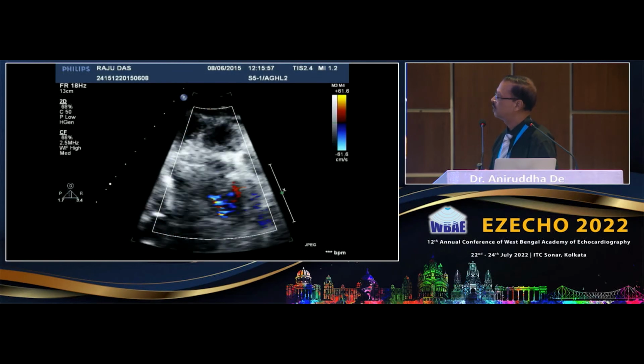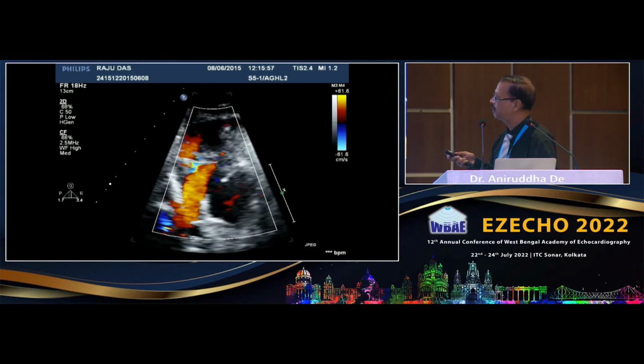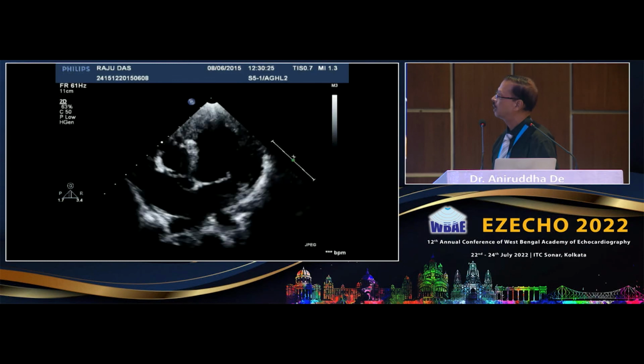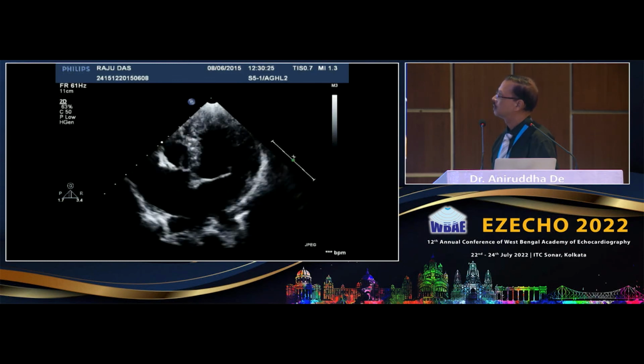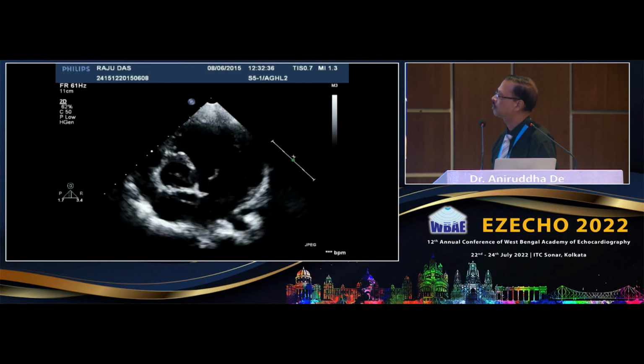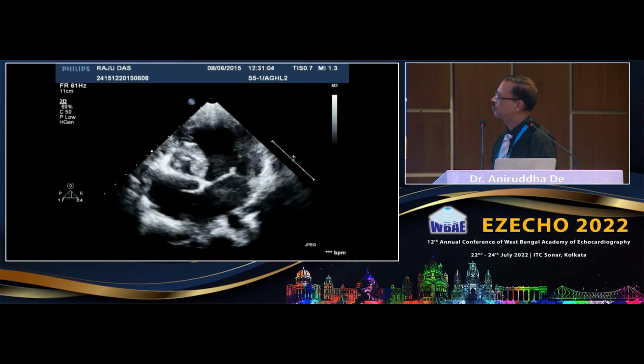First thing, in the subcostal view, there is a PFO with absolutely right to left shunt. VSD? No, sir, there is no VSD. I am showing you, there is no VSD.